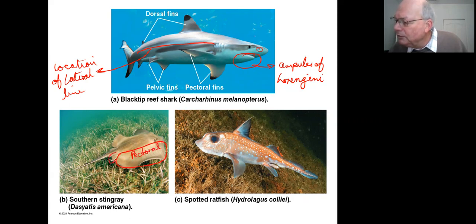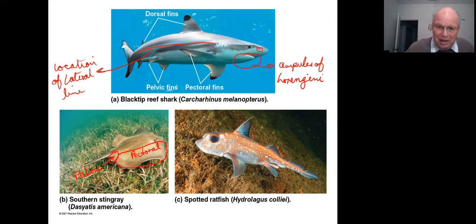And this little structure is the pelvic fin. So you can see that there is an exaggerated pectoral fin that makes up part of the apparatus that allows the ray to swim. And most rays spend a lot of time at or near the bottom of the ocean.